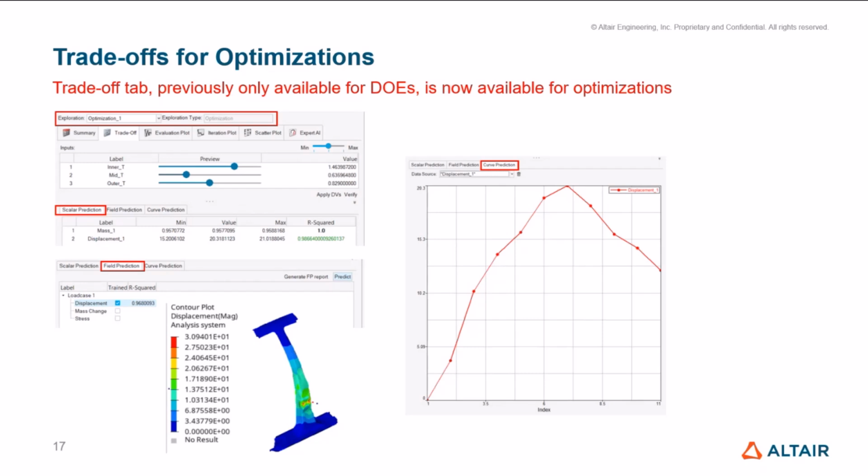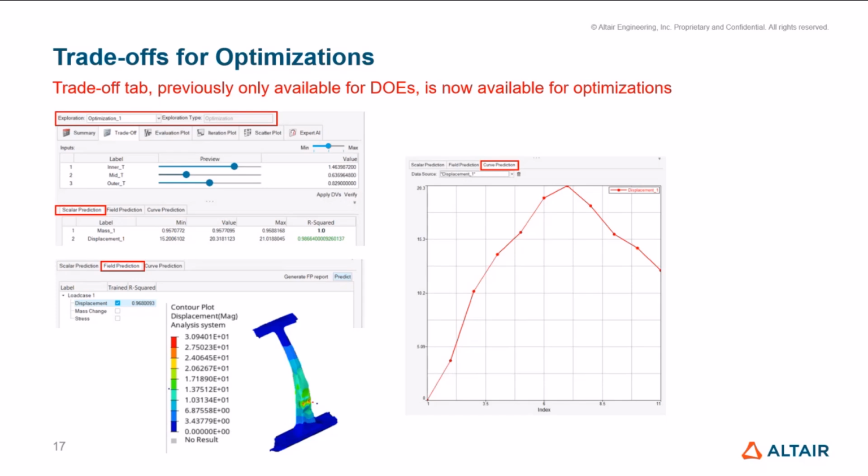So for every DOE that we run in Design Explorer, we have always generated not only a fit approach in HyperStudy, from which you can get the scalar response surface predictions, but we also provide the ability to do the field prediction. And then just recently, we've added the curve predictions as well. And as I say, those have always been available for designs of experiments only.